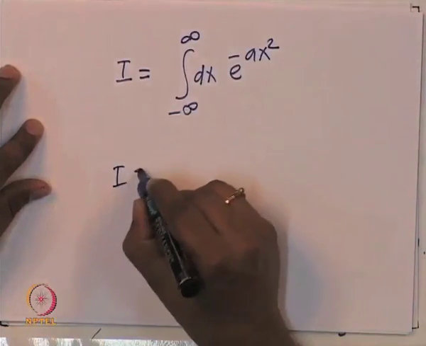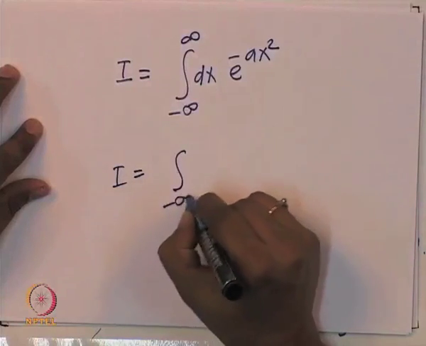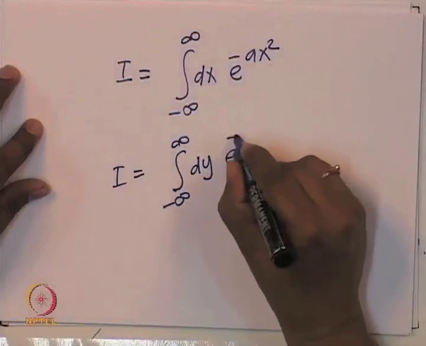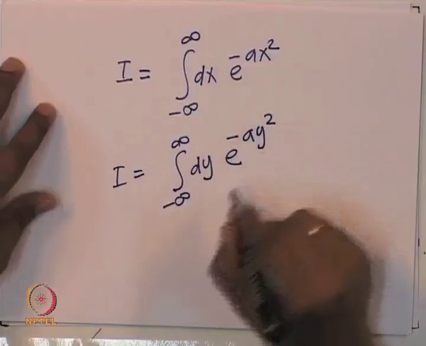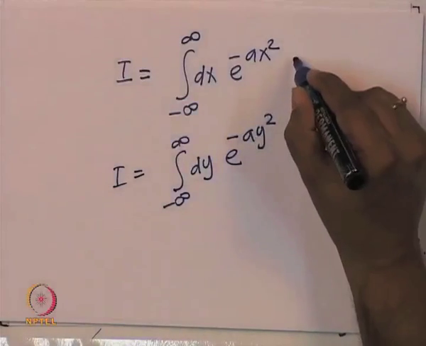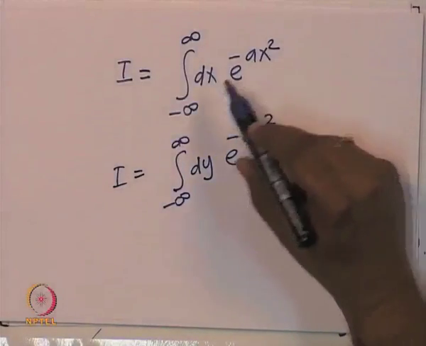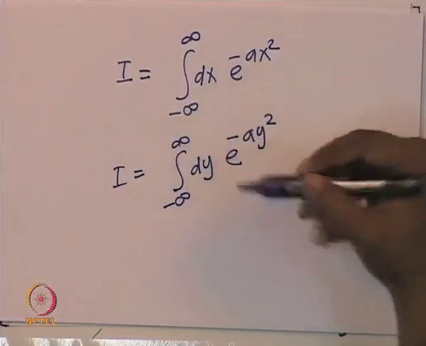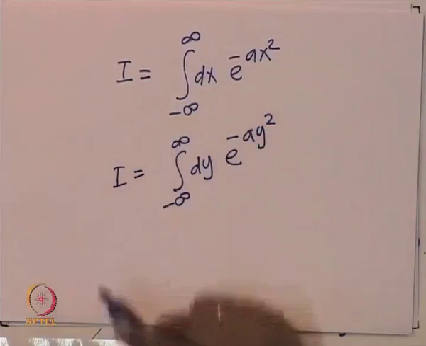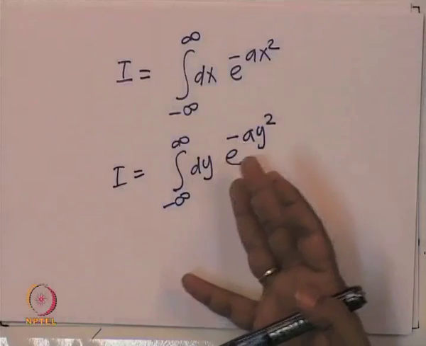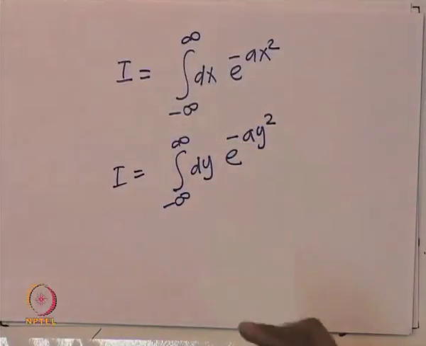This also will give you the same answer. This and this both have the same answer, because I just change the variable. X is just a dummy variable, and I could change it to z, y, k, whatever I want. And therefore, I am writing it as dy e power minus a y square.